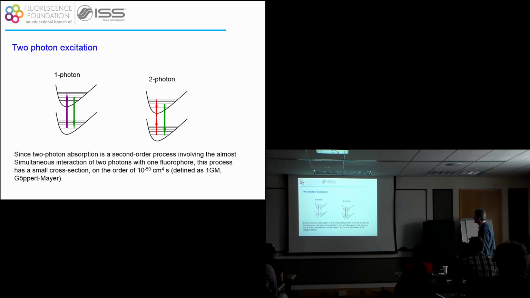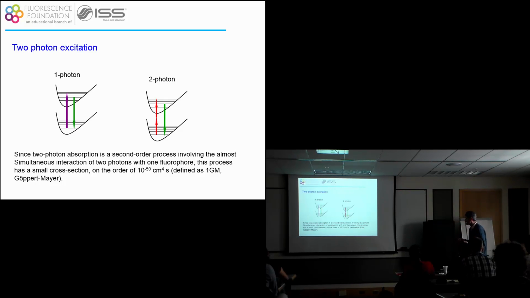Now, by doing the calculation, this effect, called the 2-photon effect, has a very low probability. This is the cross section, defined as GM by Goeppert-Mayer, who described the effect back in 1933-34. And this was never used until pretty much 1990, when pulse lasers became available.